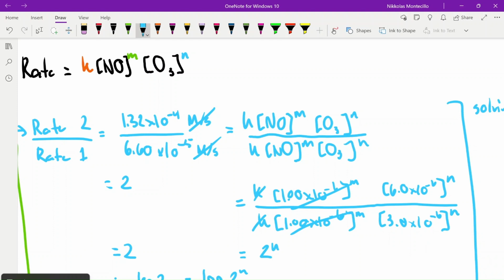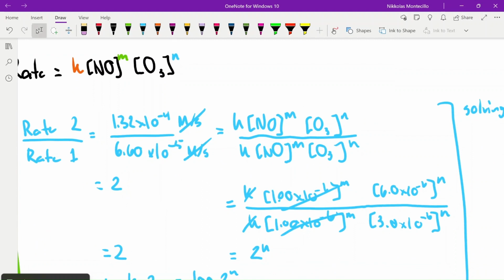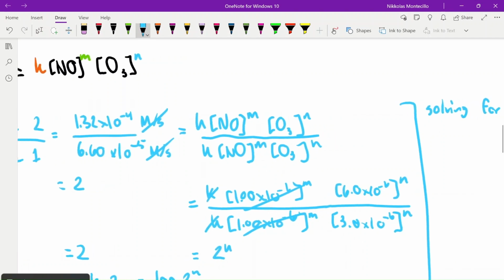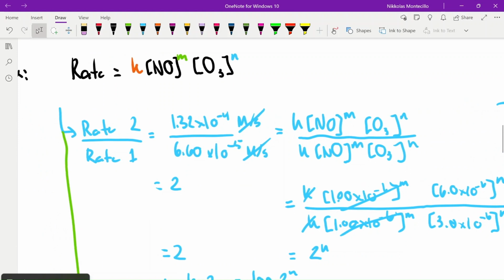So you can see the reason why we want to have all other reacting concentrations kept constant. It's because we want to cancel these out so that we can solve solely for one reaction order, which in this case is n.